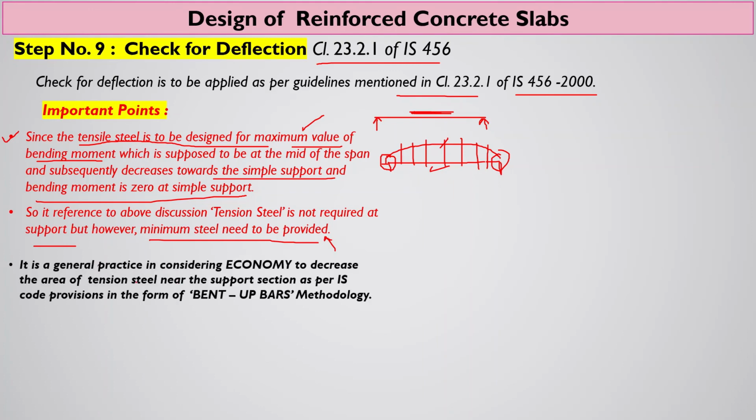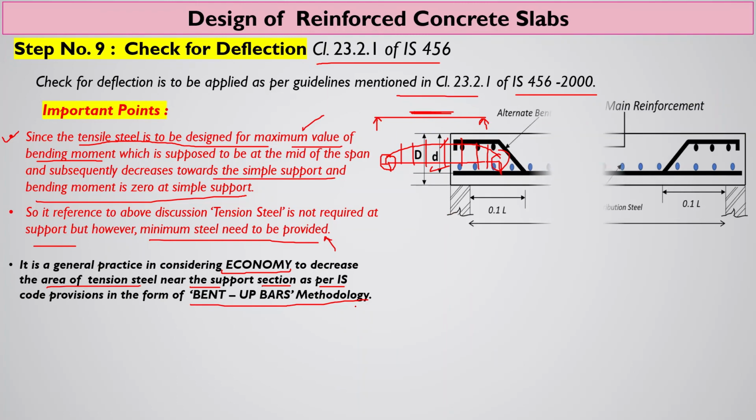So what we do in general, it is a general practice, because we are more concerned about economy also, we can decrease the area of tension steel near supports. Near the support section we can decrease the steel as per IS codal provision, and that methodology is known as bent up bars. That means you can bend up the bar, so you will be able to understand it later on. Now you can see here the diagram.